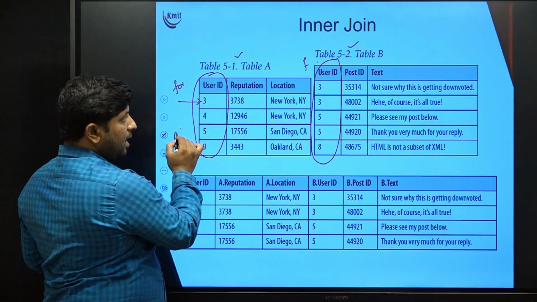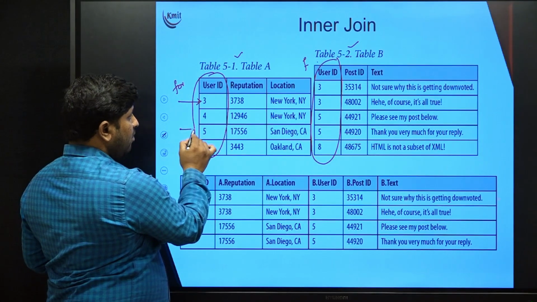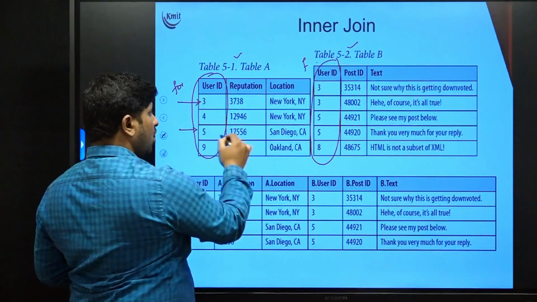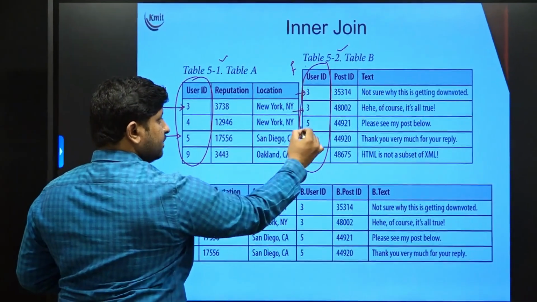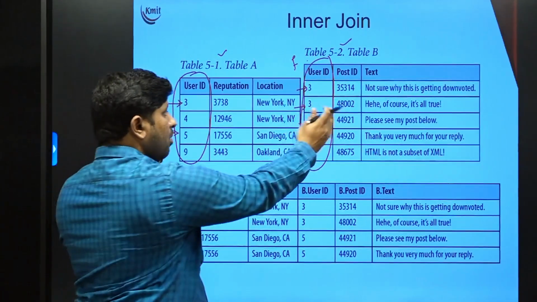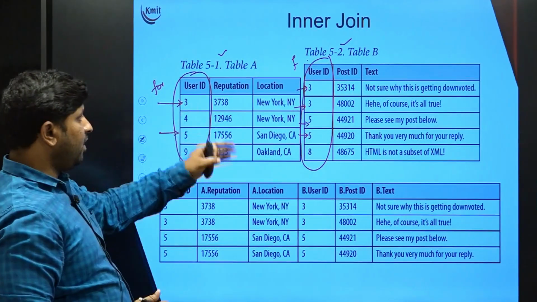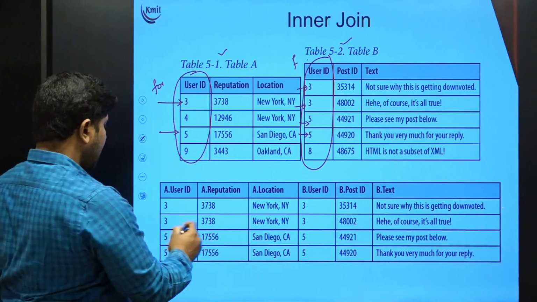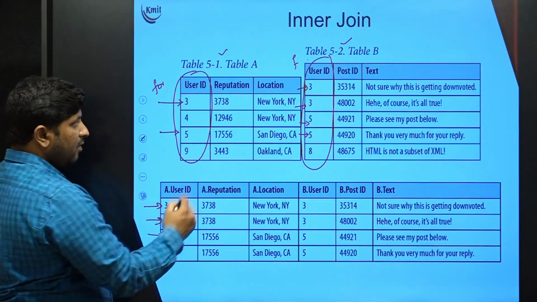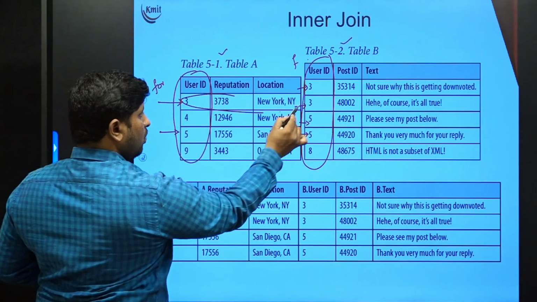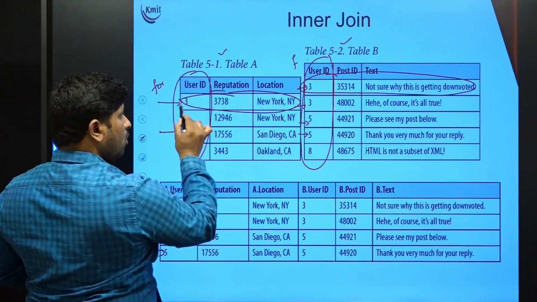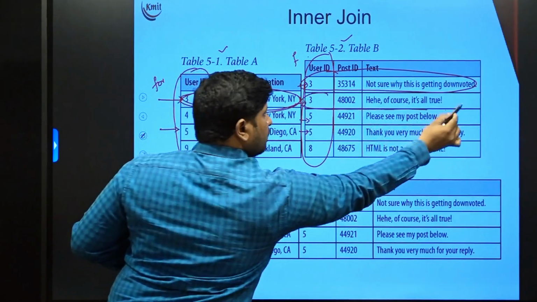IDs or common fields in both the tables, such as 3, which is common in both, and 5, which is common. So we can club the common entities in both the tables: 3, 3, 5, 5, where this row is joined with this row, and the same row is joined with this row.